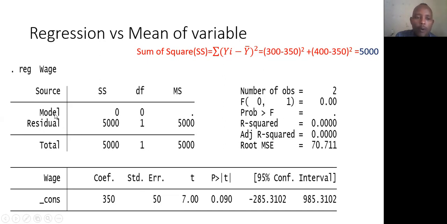Therefore, when we check variations from the model part and the residual or error part, there is no model variation. What does it mean? We don't have explanatory power that explains the variations in the dependent variable.